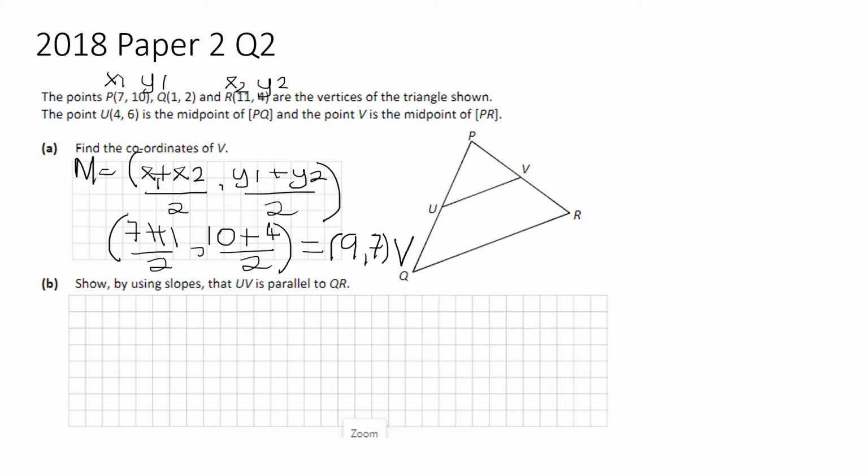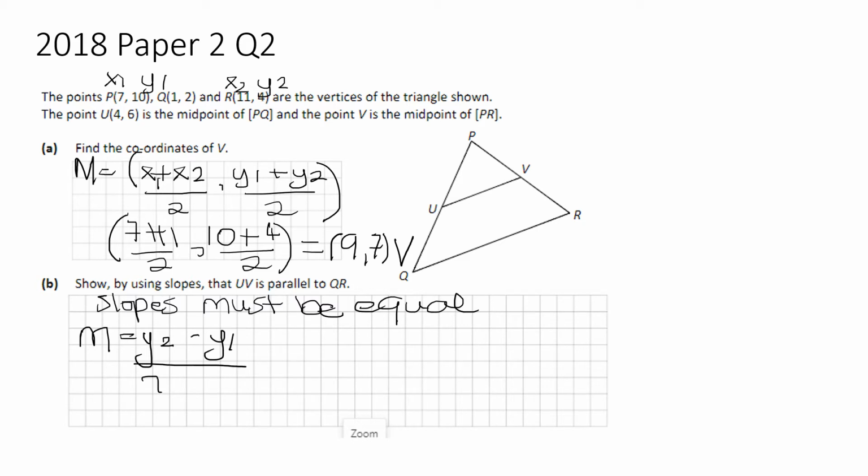Then for part B, show by using slopes that UV is parallel to QR. The only way that these lines can be parallel to each other is if their slopes are equal. So in order for them to be equal, we need to use the slope formula: m is equal to y2 minus y1 all over x2 minus x1.